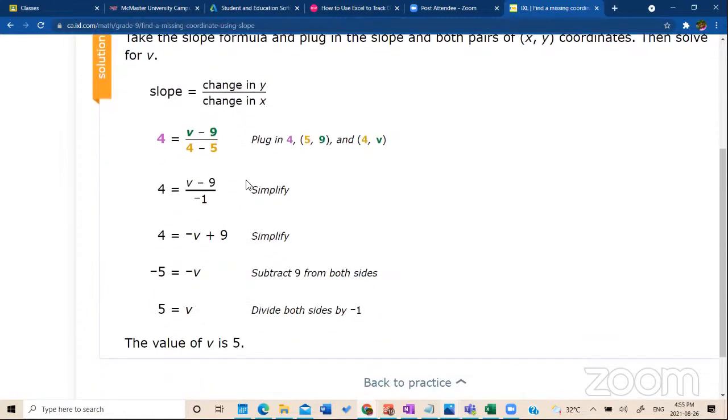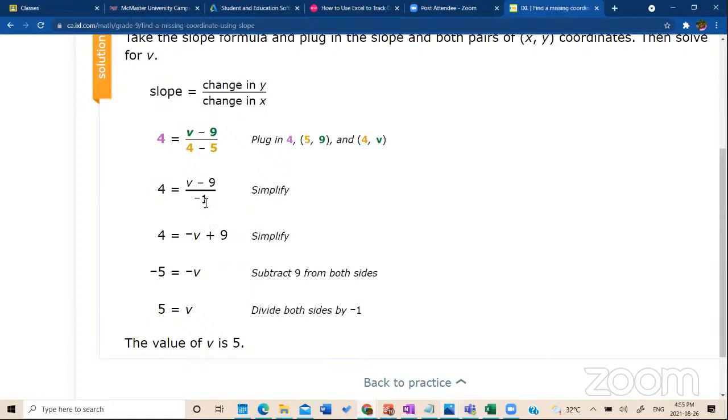Okay, now we have to simplify it. So 4 minus 5 will give you minus 1 in the denominator. Over here, they just divided both terms by minus 1.